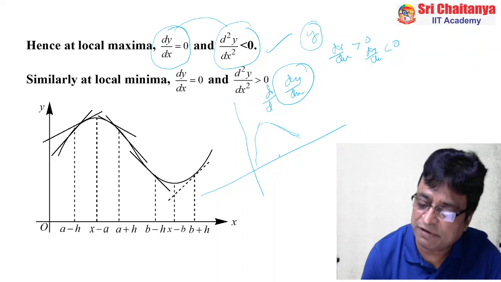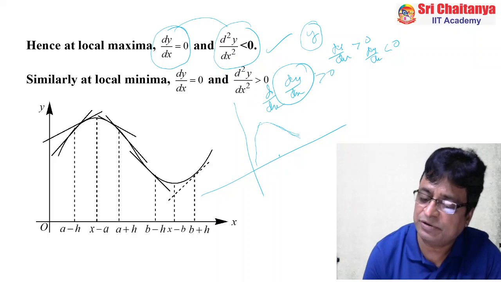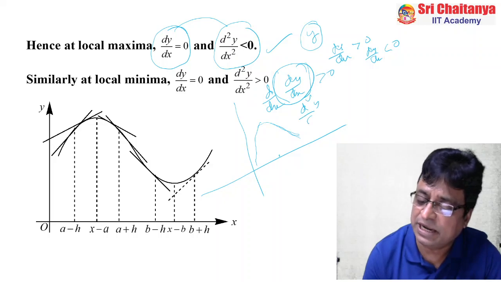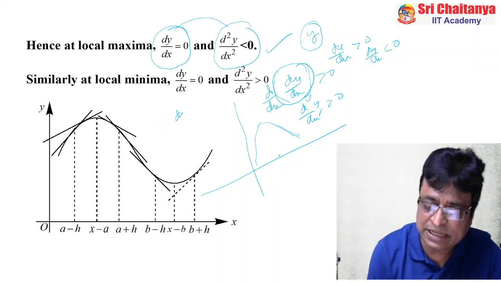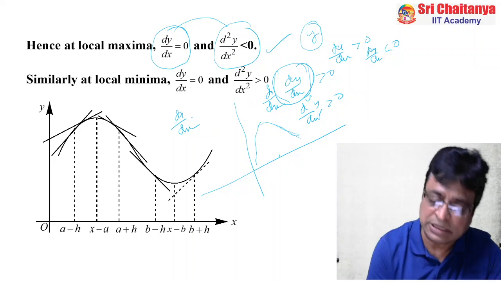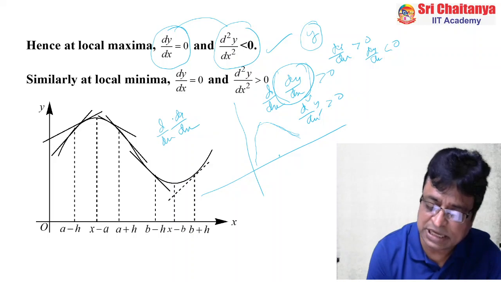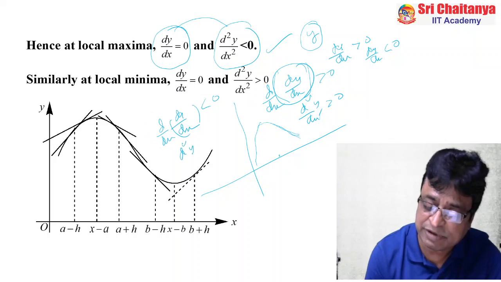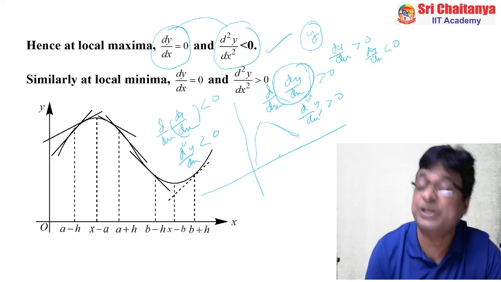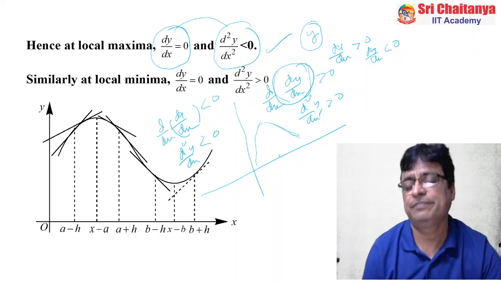When the derivative of this function is greater than 0. What is the derivative of dy by dx? That is d square y by dx square greater than 0. And when can I say dy by dx is decreasing? When the derivative of the function is less than 0, that is d by dx of dy by dx, d square y by dx square, less than 0. That is the beauty of the second derivative.